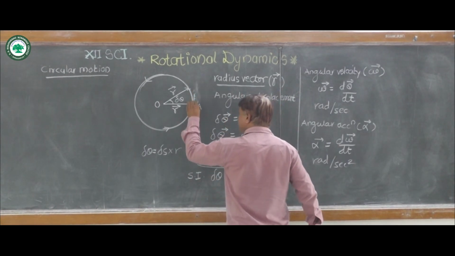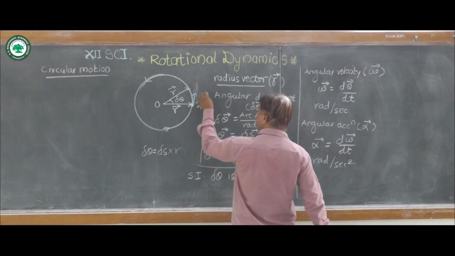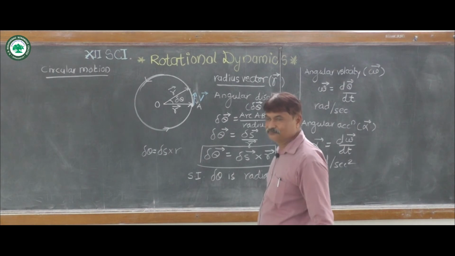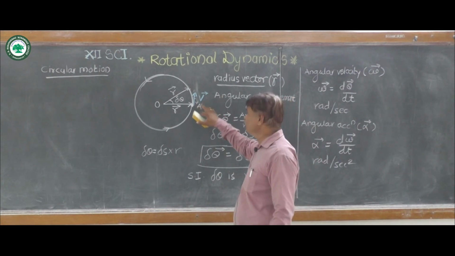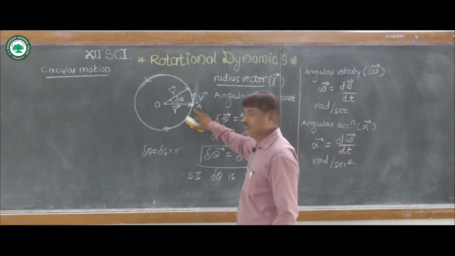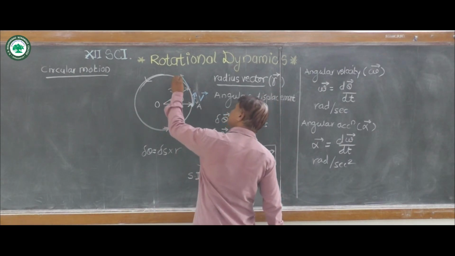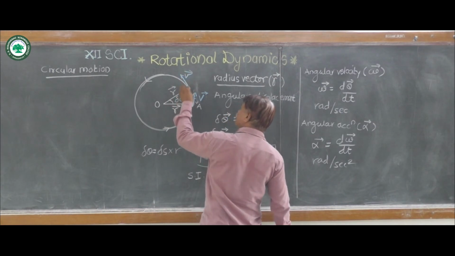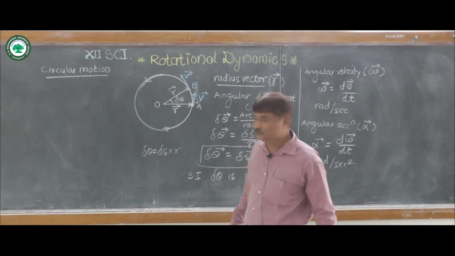This is the linear velocity v bar. When the particle is at position B, the direction of linear velocity is again along the tangent.